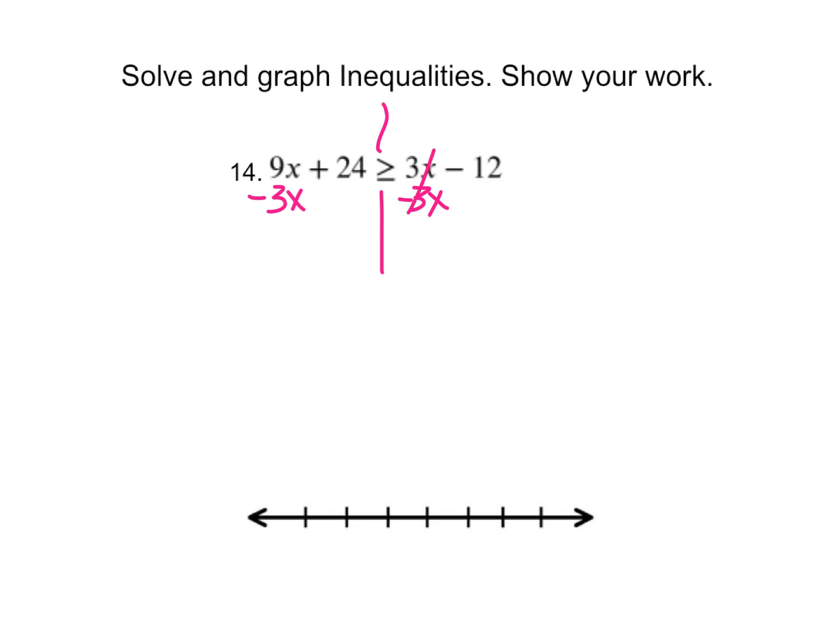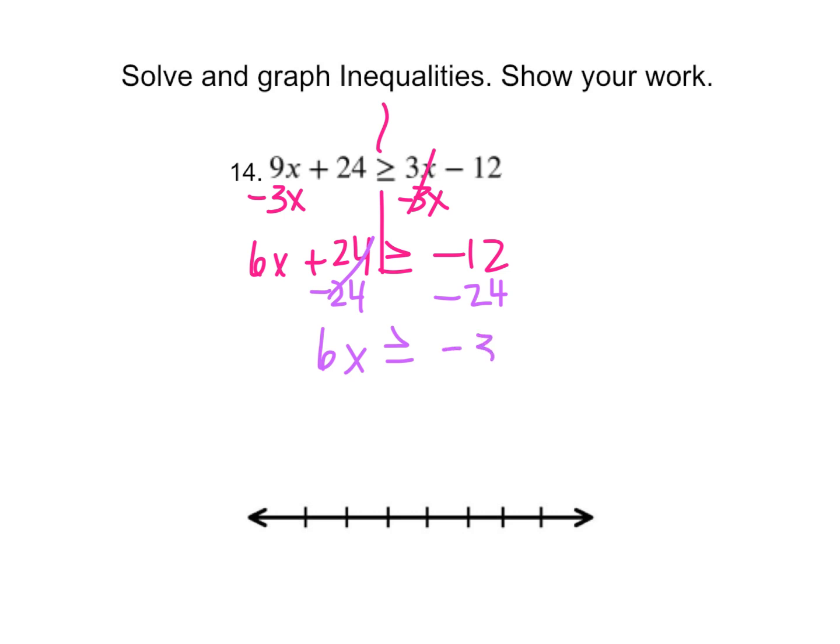So I can rewrite this now. 9x minus 3x is 6x, equal to negative 12. Okay, our next step, subtract 24 on both sides. Okay, please be careful with the negatives here. And that is going to be negative 12 minus 24, which is negative 36.